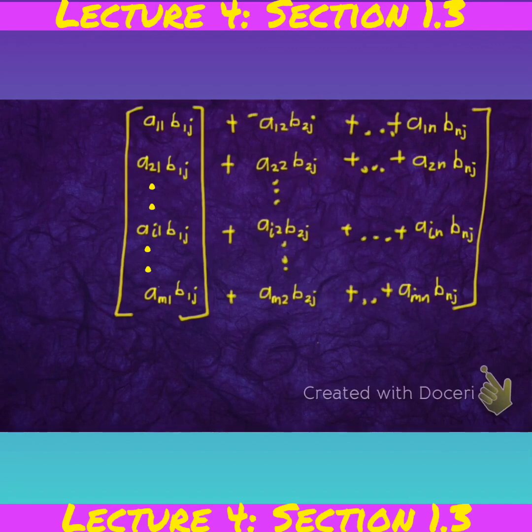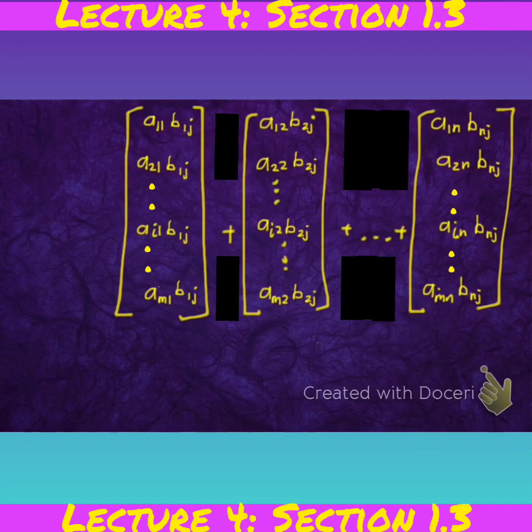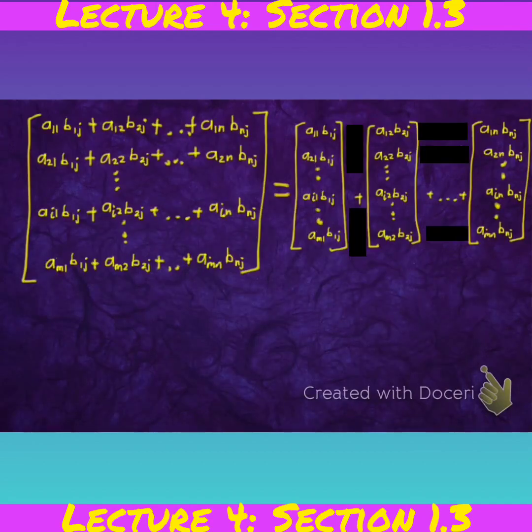Take all the second terms, throw them into a column vector, and we carry this process through right up until the end. We look at the last group of expressions, group them all together, and put them in a column vector. So that's a sum of column vectors. Then replacing the left-hand side with the right-hand side, we can easily see that that again is a sum of column vectors.